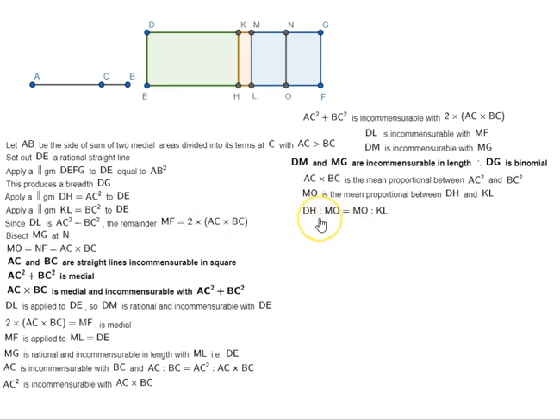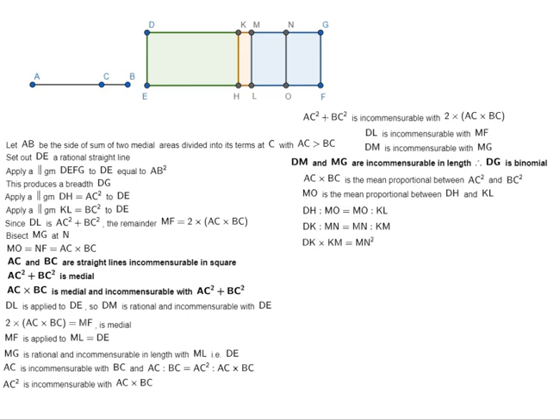Now, since the areas DH is to MO as MO is to KL, the sides will also be in proportion. So DK is to MN as MN is to KM, and we can multiply the extremes and multiply the means and they will be equal.